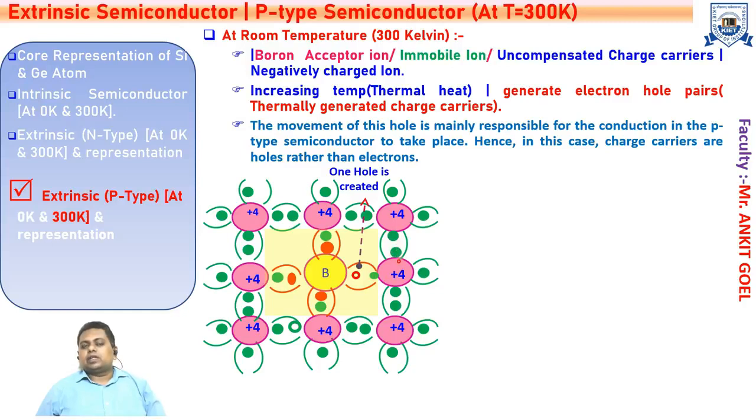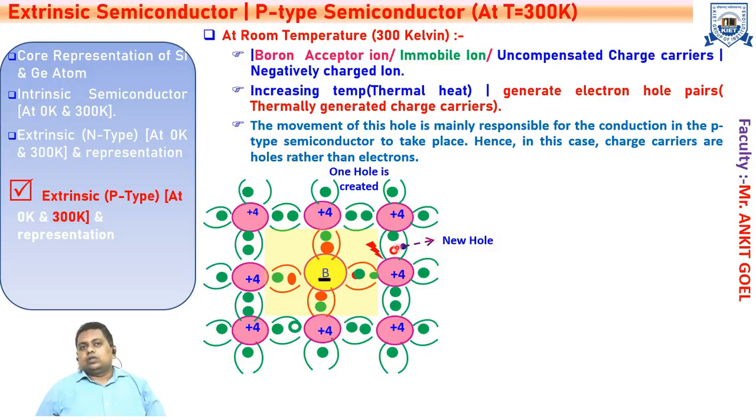So as the temperature is increased, it will snatch out an electron from the adjacent atom and transfer the hole to a new position, that is, a new hole is created. So as the electron is transferred, it is a deficiency of the electron. So we can say this is a positively charged carrier, although the electron is moved, but we think of it as a positively charged carrier movement, right?